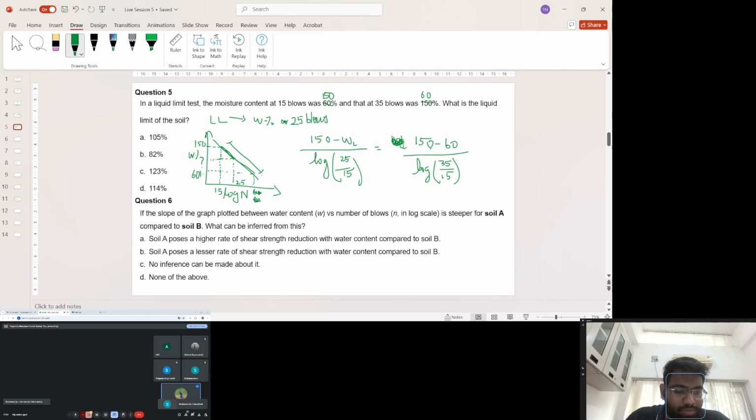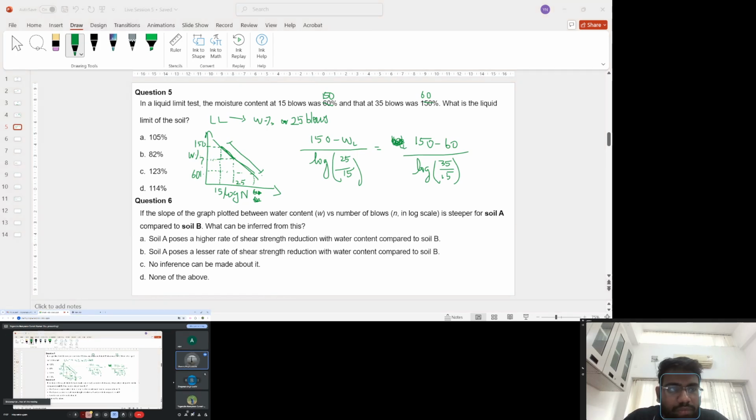Sir, I want to ask one thing. Suppose these formulas and calculations, like log and so on, in the exam, some kind of scientific calculator may be allowed. If in the actual exam these come, it will be allowed, I think.